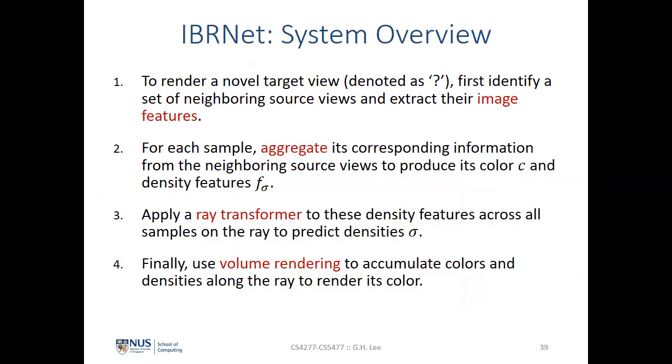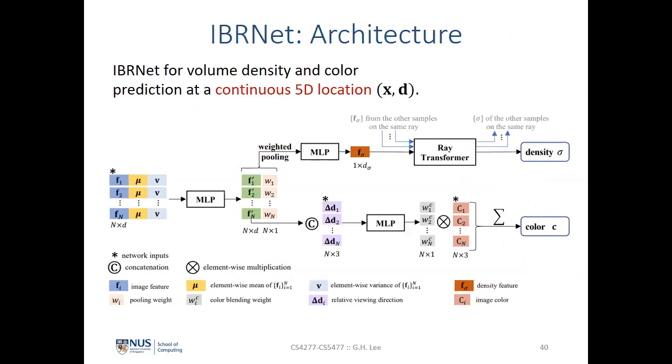I have already told you about this overall view. What's interesting here is that this architecture is very simple. The reason it's generalizable, as I mentioned, is that it's taking in the feature from the image, and not purely based on the direction and the 3D point.